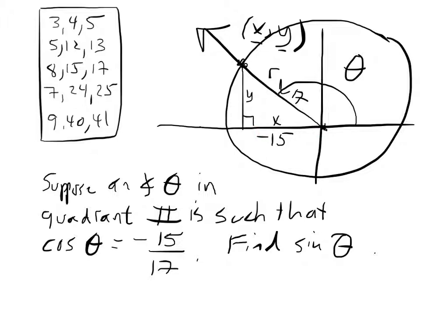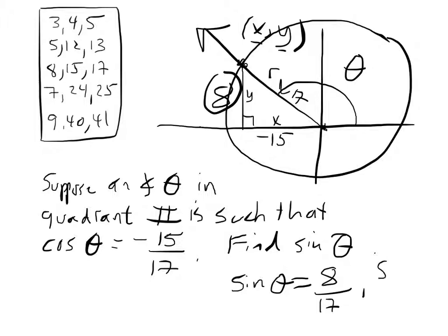By the Pythagorean theorem, 15 squared plus y squared equals 17 squared. If I know my special right triangles, I can simply say y is going to be 8. So the sine of theta equals 8 over 17, and I can cite the 8, 15, 17 right triangle to justify how I got that answer of 8/17, in conjunction with the diagram that I've drawn.